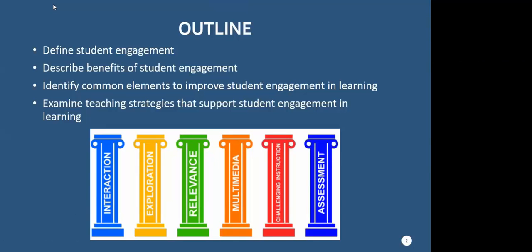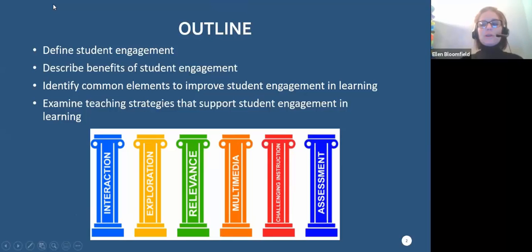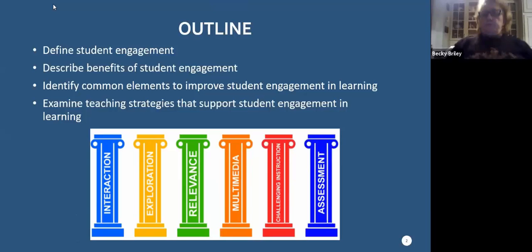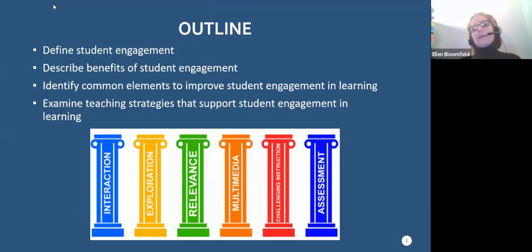Okay, so the first thing we're going to do is try to define student engagement, and what's interesting about that particular objective for this evening is that it's defined many different ways, and I'm sure you in your classroom have a different set of standards for what you consider student engagement versus somebody else.